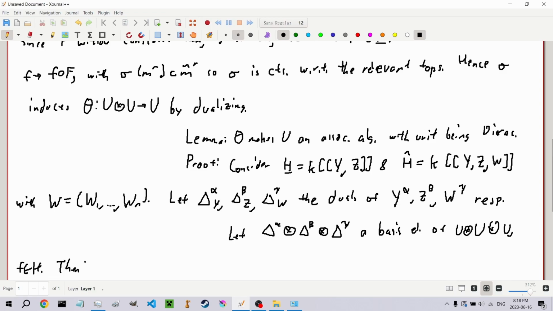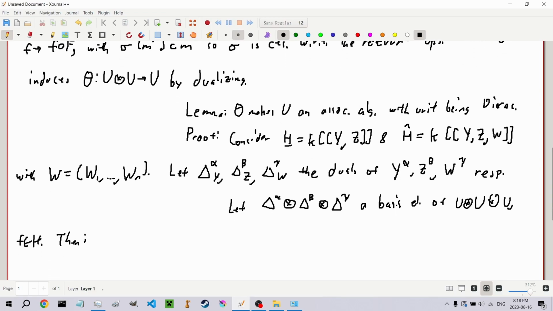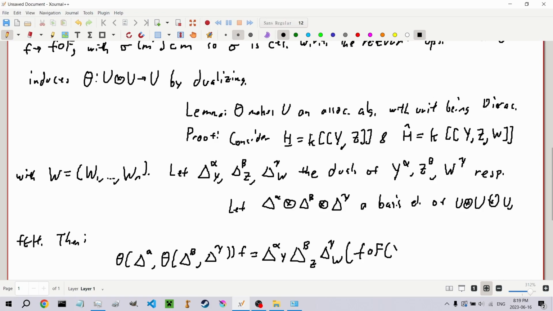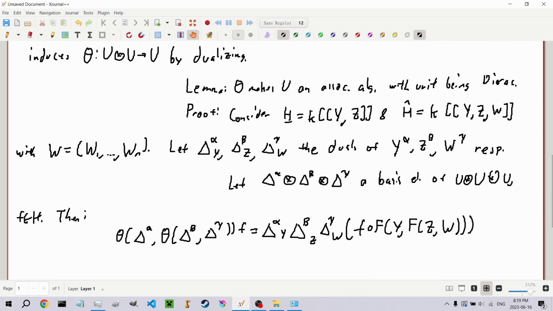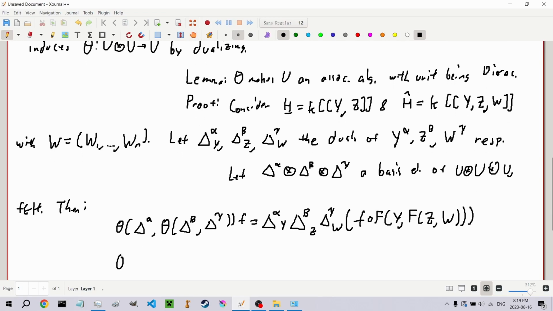And then we got some very messy formulas. Well, theta of delta alpha on theta of delta beta and delta gamma on some F is then going to be delta alpha Y, delta beta Z, delta gamma W on F of Y, F of Z, and W. So essentially the idea here is that we translate this directly from one to the other.